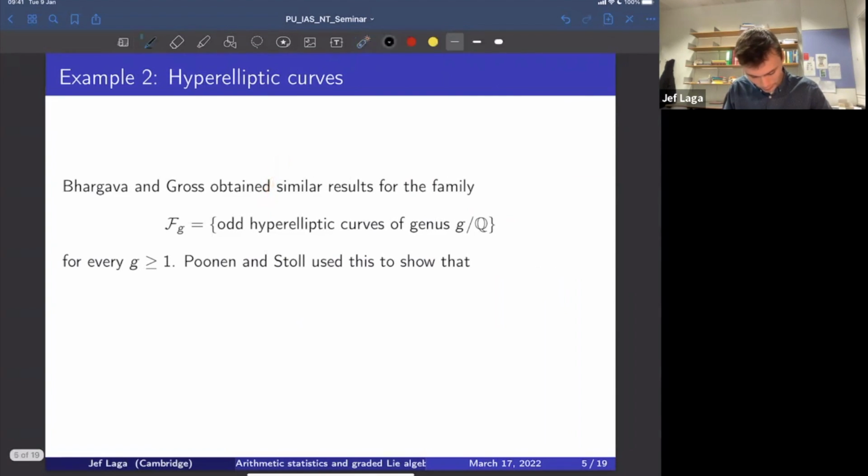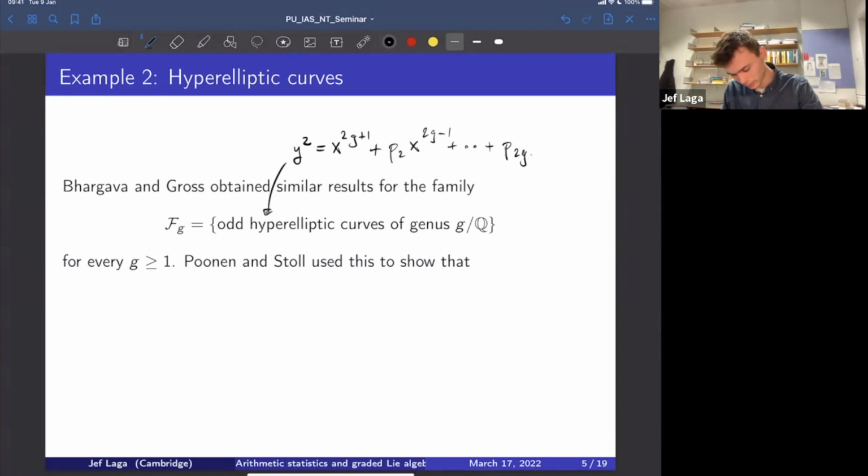More concretely, a curve in this family is just given by the equation y squared equals x to the 2g plus 1 plus lower order terms. So p_2, you can omit the first coefficient if you want, p_2, etc., and p_{2g+1}, where p_i is in Z.